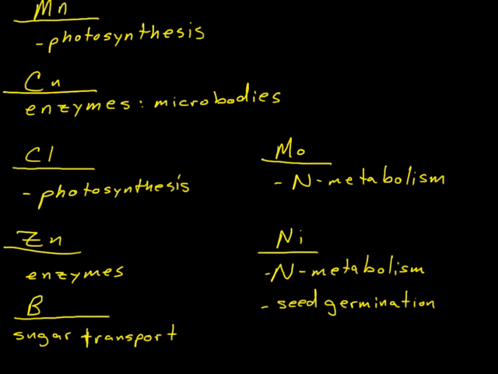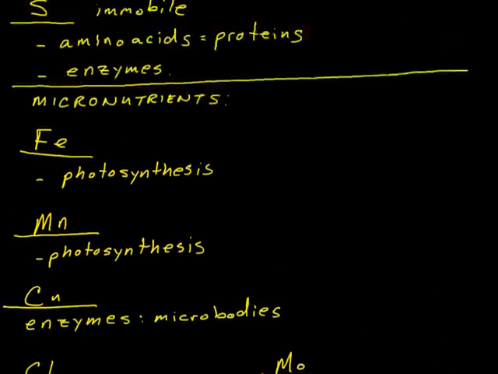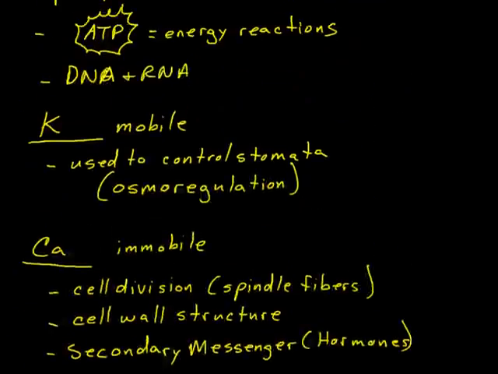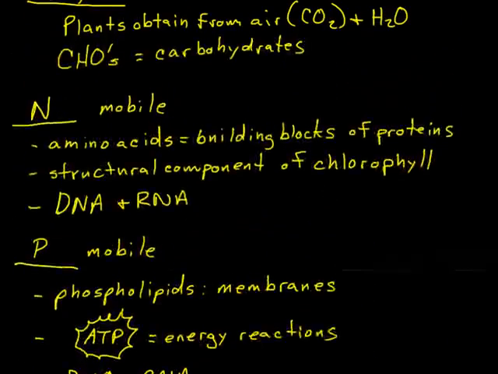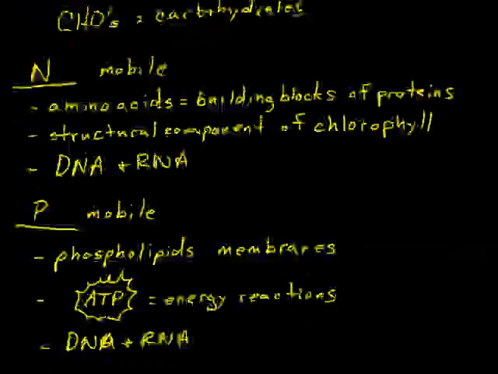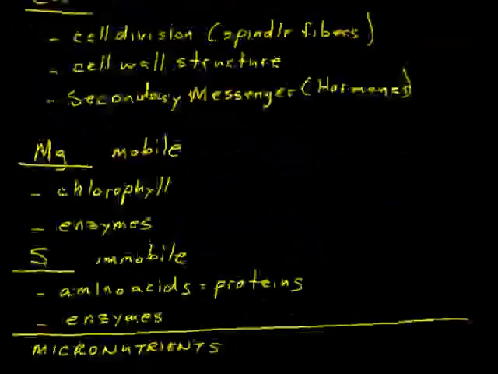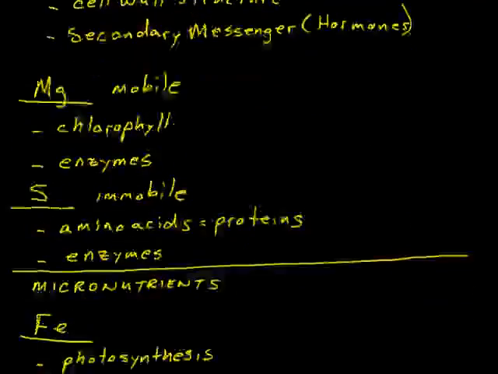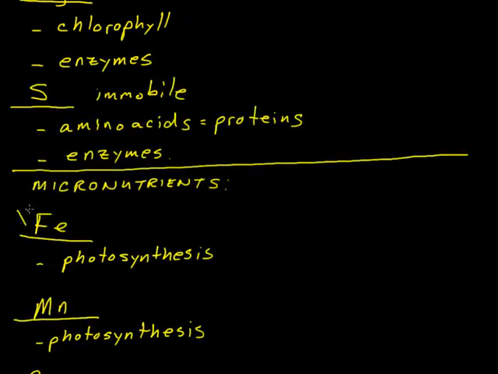So, to summarize quickly, what do I expect you to know? Well, for our purposes, I expect you to know what all of these essential nutrients are, and I expect you to know specific physiological roles for the macronutrients: N, P, K, calcium, magnesium, sulfur, and also iron. We'll add iron to the list as knowing a specific physiological role.